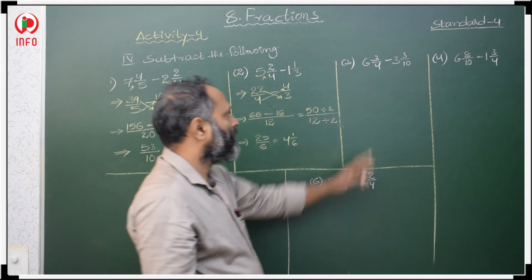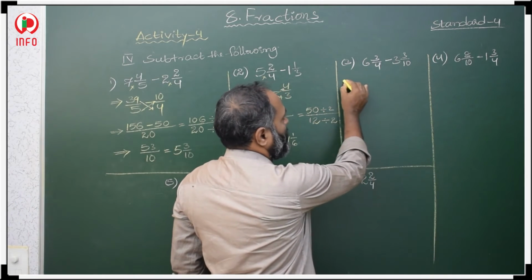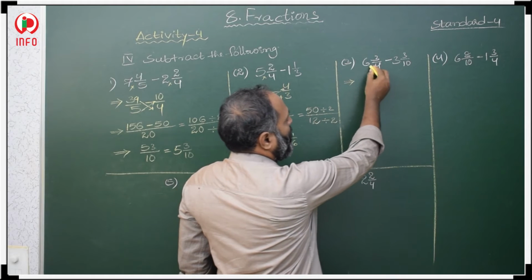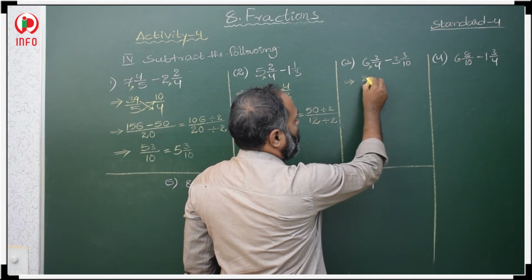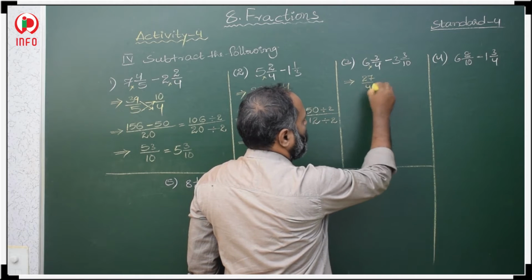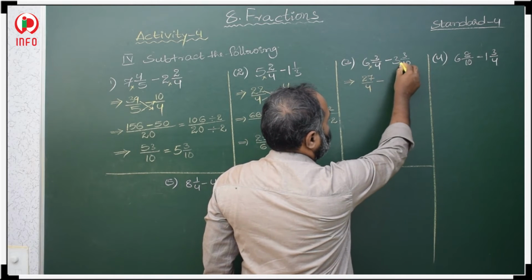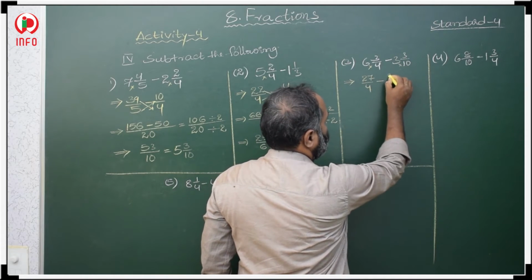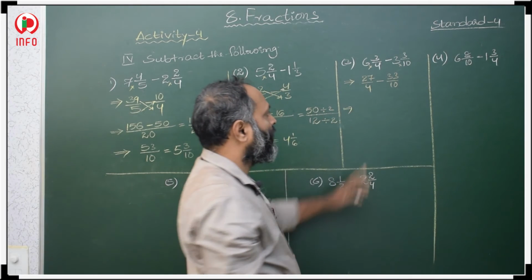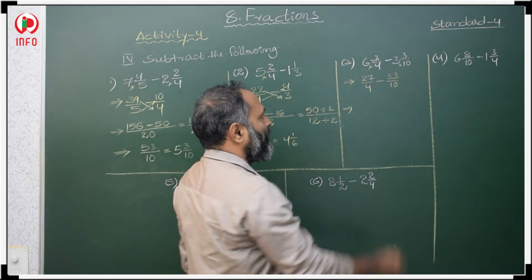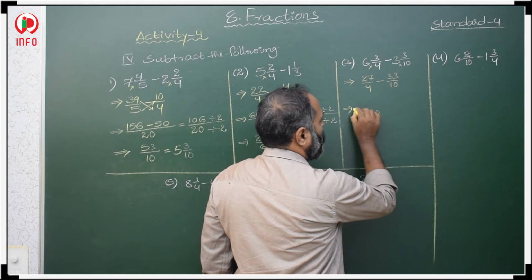Now first we have to convert this into improper. 4 6s are 24 plus 7, 27 by 4, minus 10 3s are 30, 30 plus 3, 33 by 10. Then after that multiply denominators. 4 10s are 40.